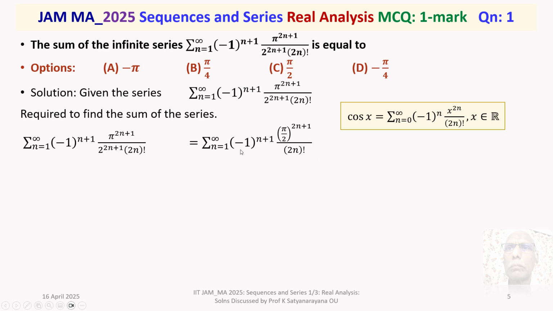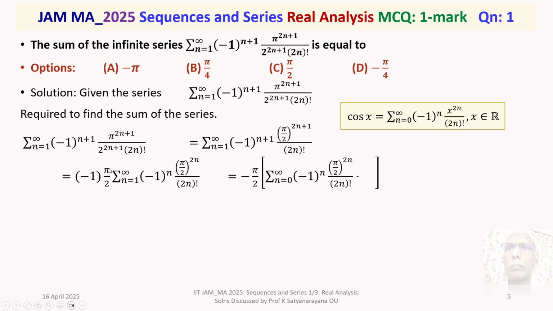And from (-1)^(n+1), we take out minus 1 and we write it as equal to minus 1 times pi by 2. From (pi by 2)^(2n+1), pi by 2 is taken out. And that will be sigma n equals 1 to infinity (-1)^n (pi by 2)^(2n) by (2n)!.